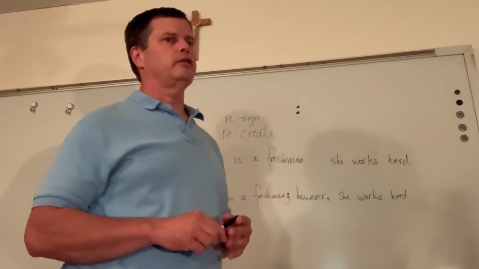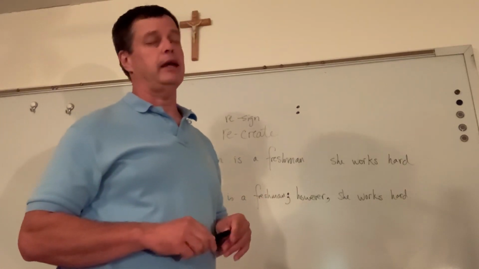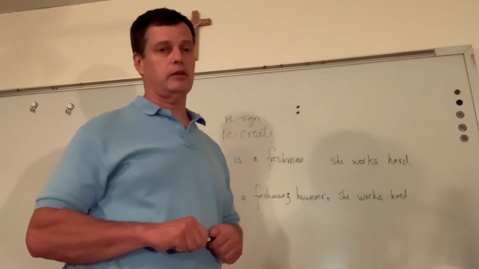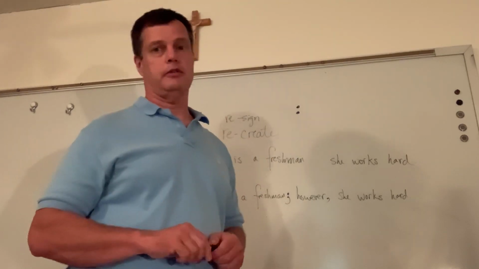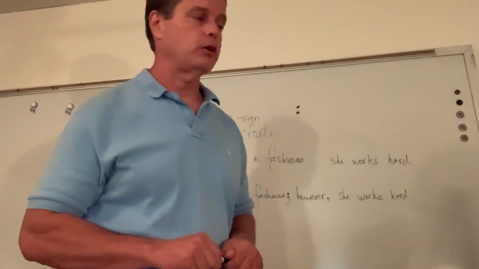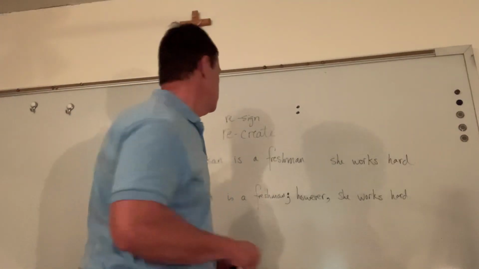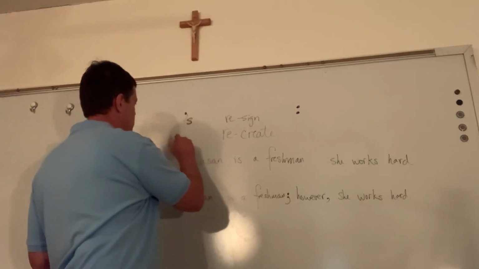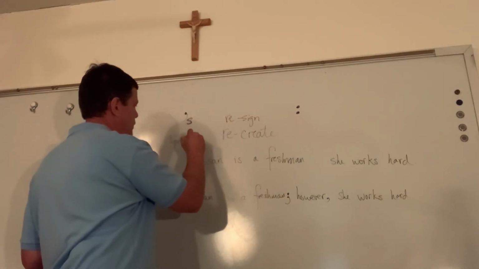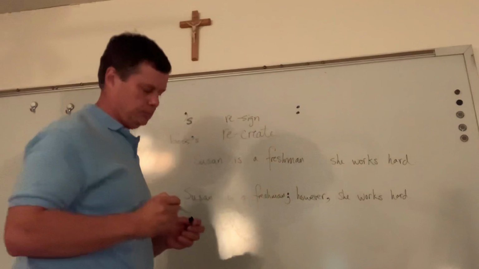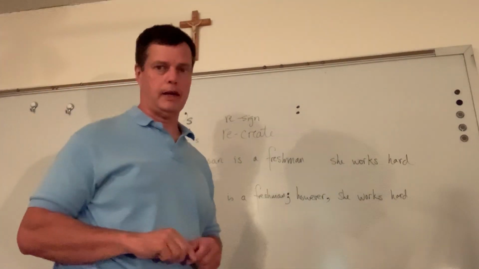So if a word is a singular noun, and even if it ends in S or X or Z, use apostrophe S, right? So we would say the boss's vacation, right? That's a singular boss, even though it ends in an S. Go ahead and put apostrophe S in that way.